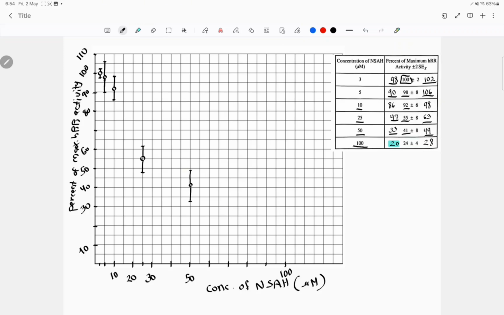Next, 100 with 24. So 20 is here. 100 with 24, ranging from 20 to 28.